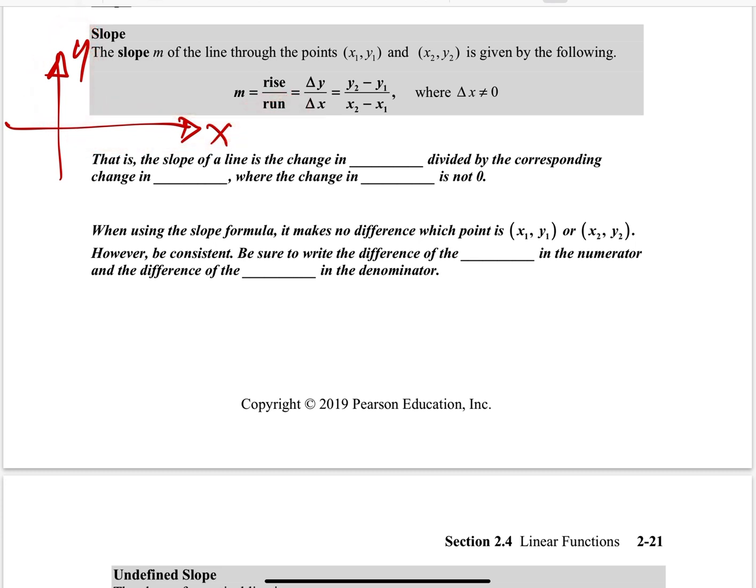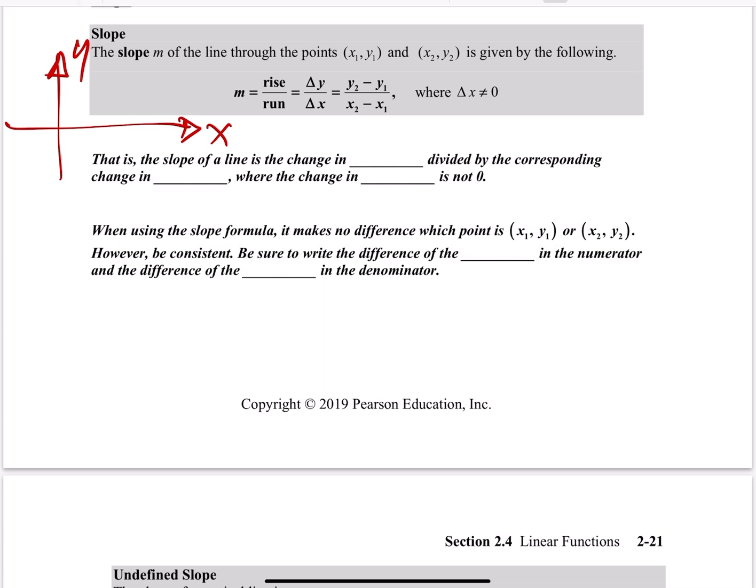You take the difference between the 2 points. Take the difference between the 2 points on the rise, and take the difference between the 2 points on the run. That's it. This is called the slope.